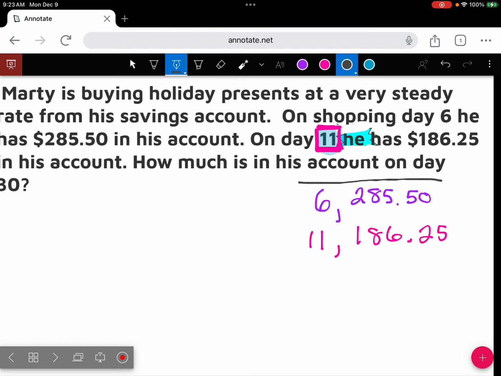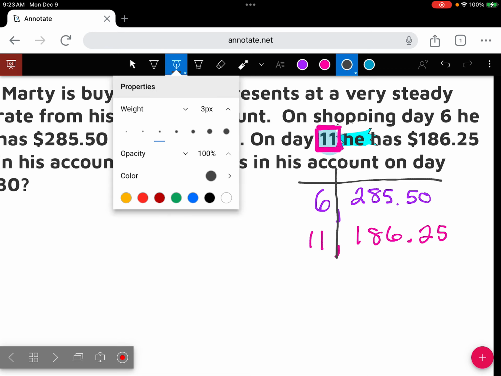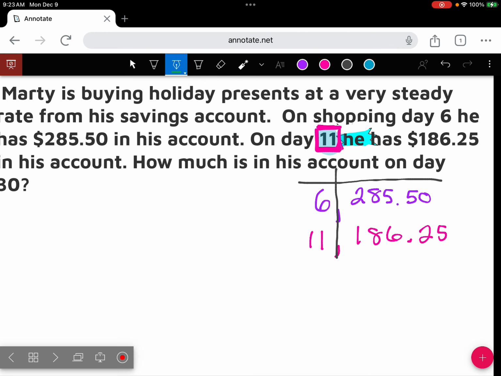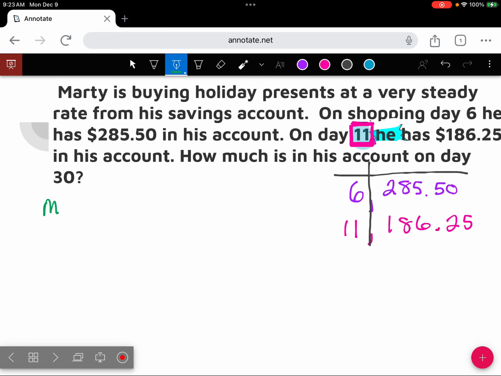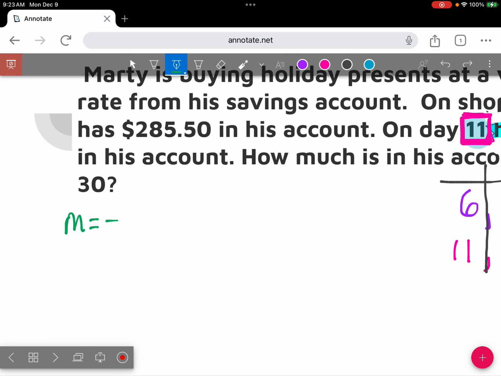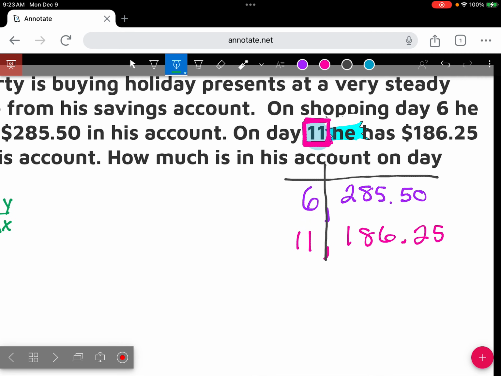You can think of these as points, as a table, as ordered pairs, whatever way works for your brain. So, what can I do from here to make some sort of equation? Find our slope. This is linear. So we want to find our slope. How do I find my slope? Yes, that is going to be our change in the y's over the change in our x's.